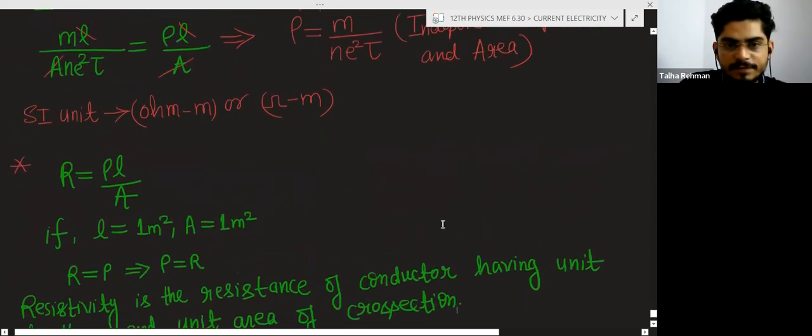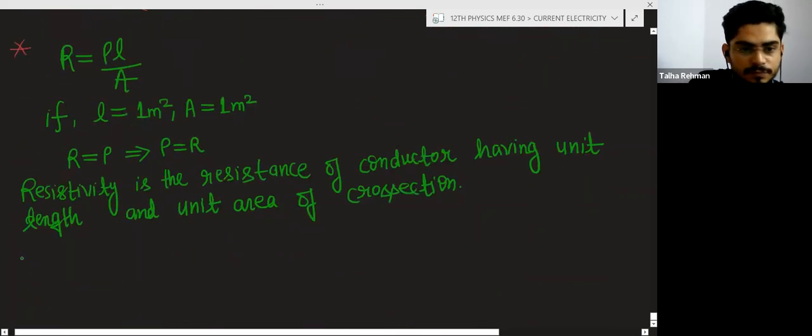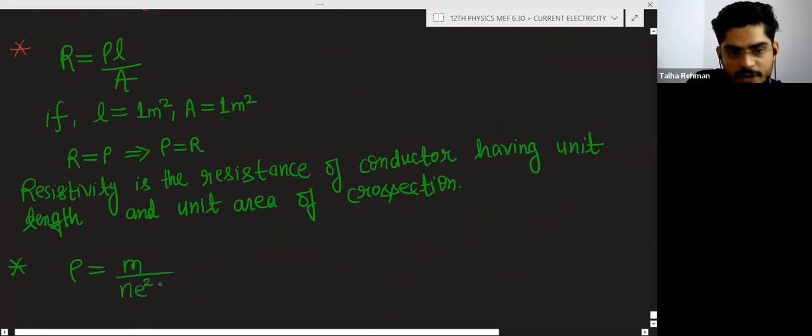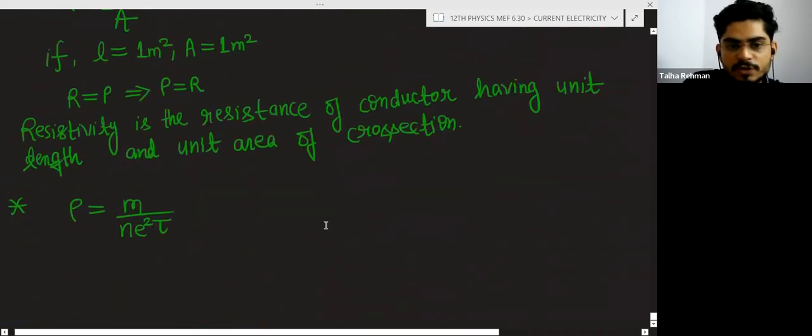Here we have the resistivity as rho equal to m upon ne square tau. So rho depends on mass and charge, and we know that the mass and charge of the electron are always constant.